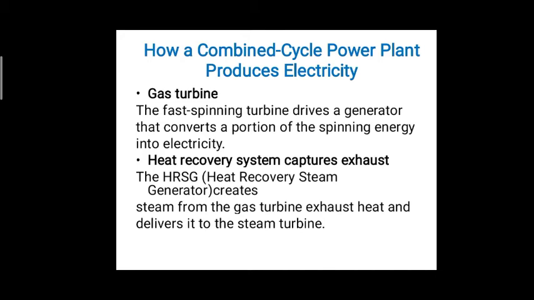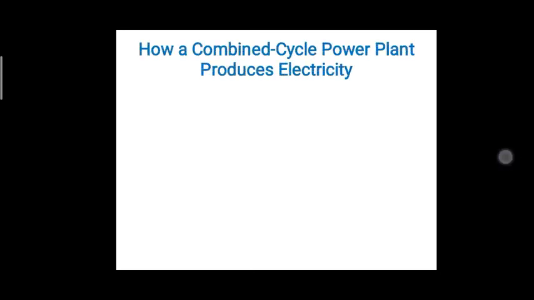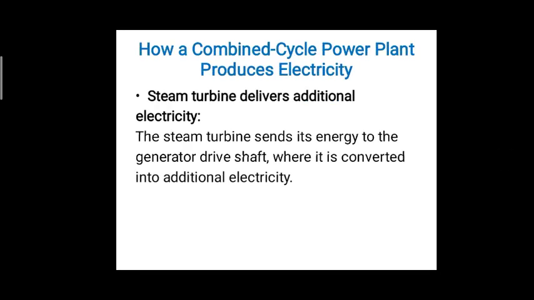Next, the HRSG, that is nothing but the heat recovery steam generator, creates steam from the gas turbine exhaust heat and delivers it to the steam turbine. This steam turbine delivers additional electricity. The steam turbine sends its energy to the generator drive shaft, where it is converted into additional electricity.